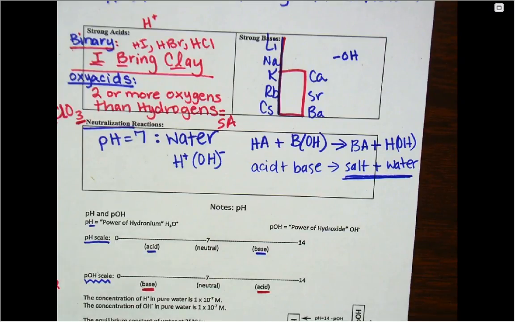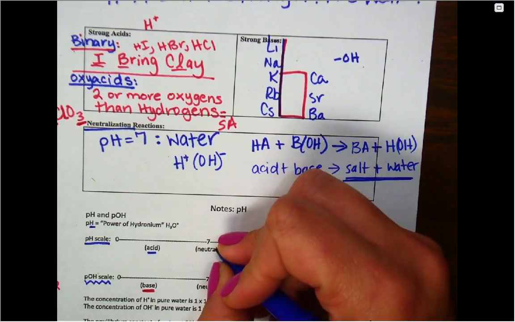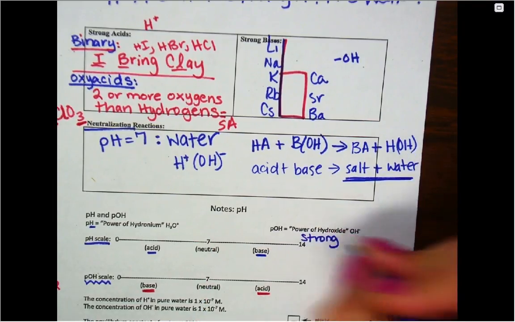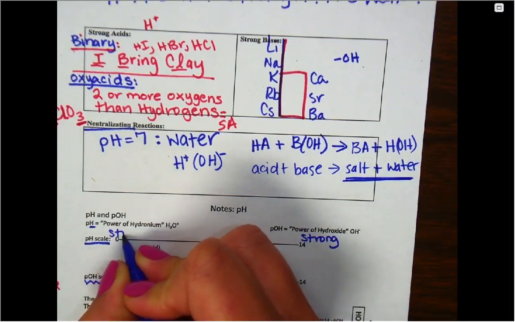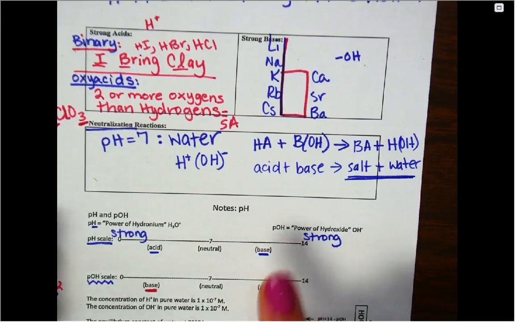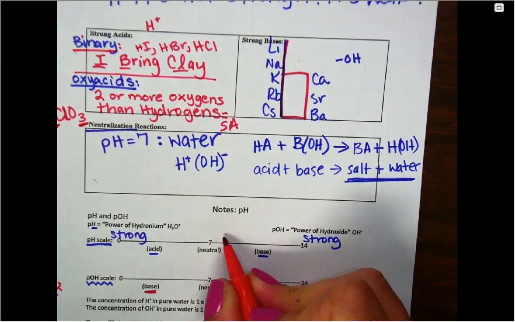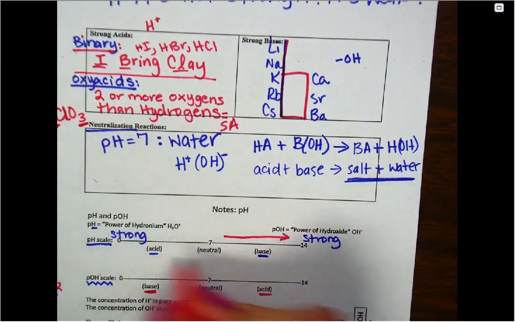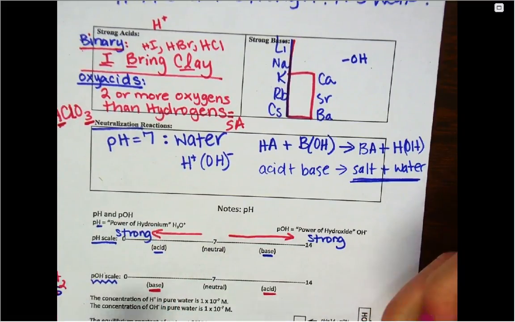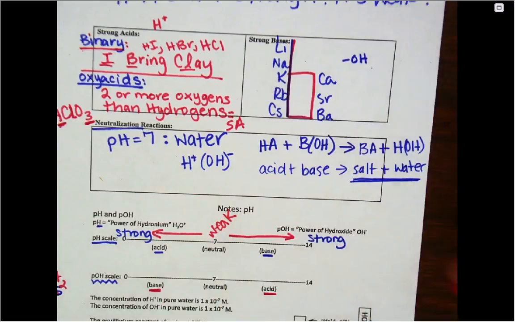The part that you're going to need today is the fact that 14 means strong and 0 means strong on either scale, okay? Your 2 endpoints are strong. Draw an arrow pointing to the right and draw an arrow pointing to the left from that neutral. What this is telling you is this is going in order from weak to strong.